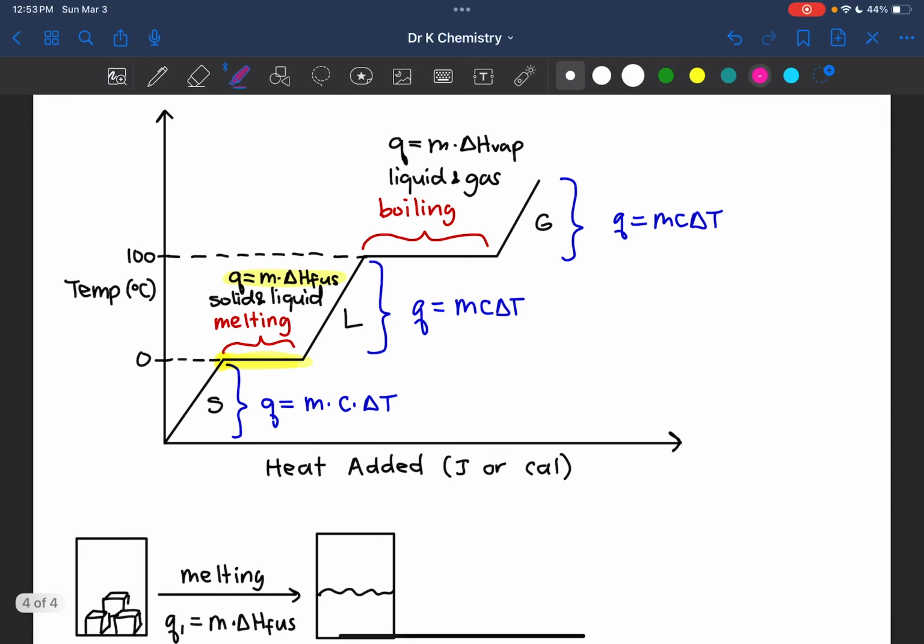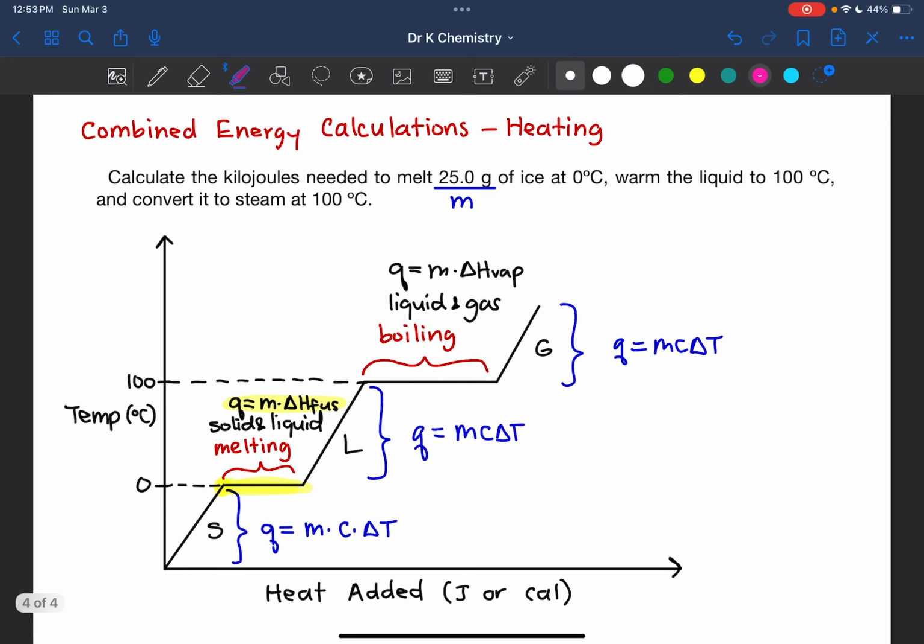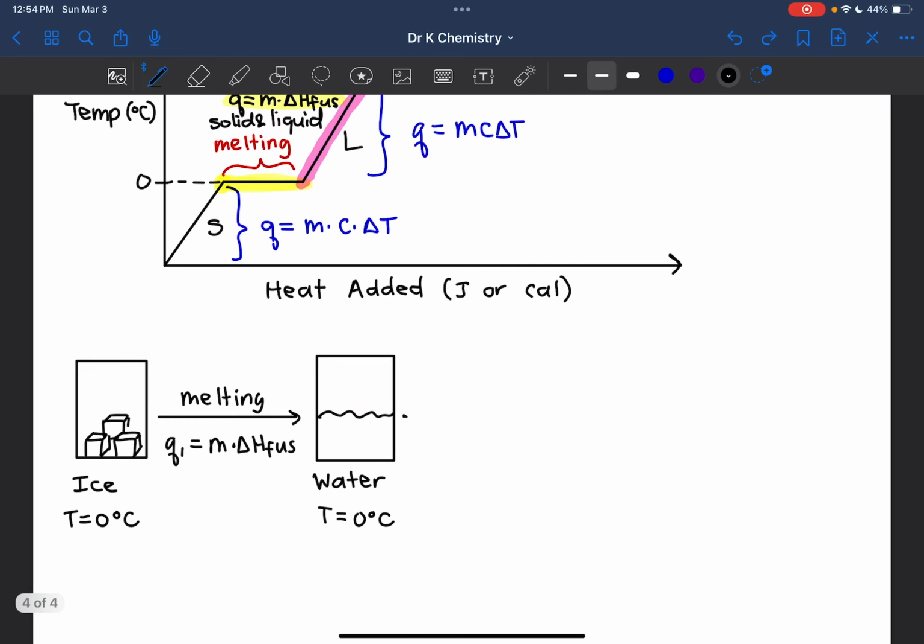Now we want to get that water to 100 degrees Celsius in order to convert it to steam. So now we're in this region of the heating curve. And notice here we do not have a phase change. It stays in its liquid form. It just gets hotter. So the equation that we're going to use is Q equals mc delta T. So I will draw that right here.